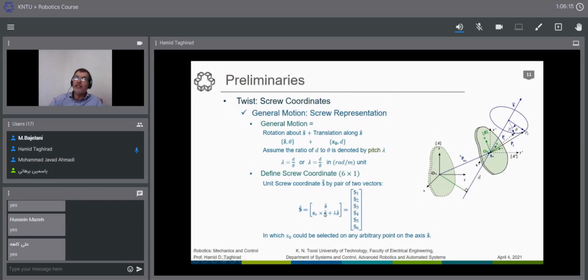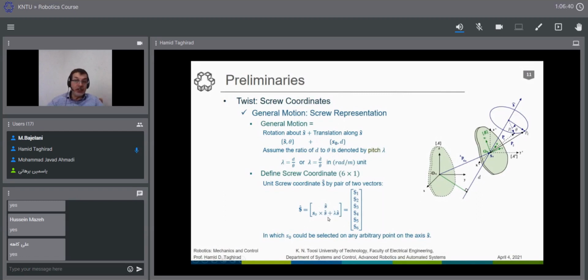The main issue is that this vector has 2 parts. The first 3 components are related to rotational motion, and the last 3 are translational motion. The same thing that we have in a wrench. Rotation plus translation, and we can concatenate these 2 vectors together.